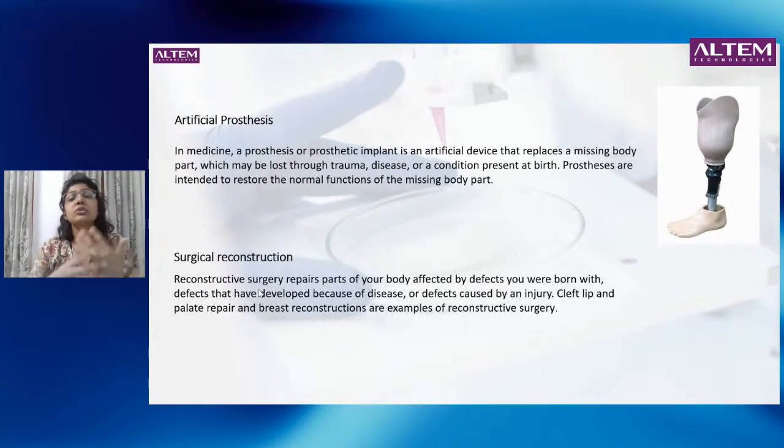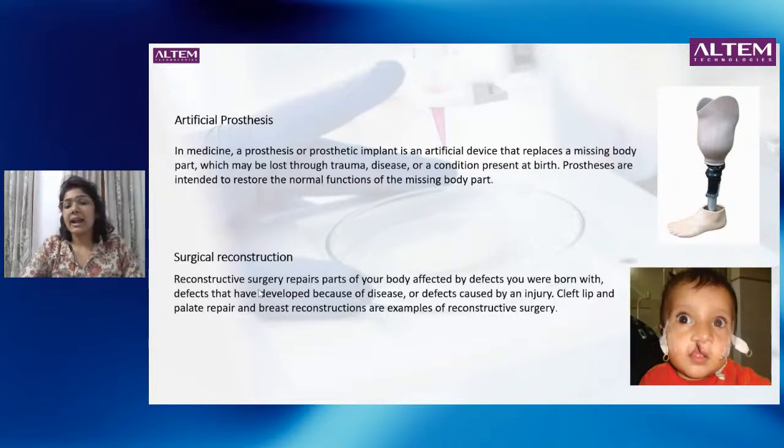So, when you come to surgical reconstruction, this is basically repairing parts of your body affected by defects. Here you have surgeons trying to do a surgical procedure on you, trying to repair a specific defect. For example, a cleft lip or palate repair, or breast reconstruction after surgery or tumors. And this is a basic example of it.